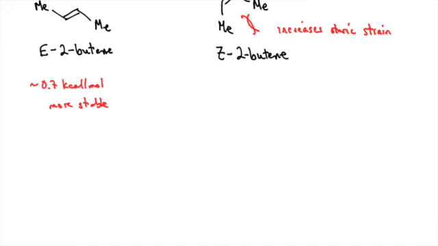It drives up the energy of that cis isomer. Another way of depicting this is if we were to draw out the hydrogen atoms of that methyl group. So let's do that. We see, just like in the case of conformational analysis, when we have the nuclei of two atoms overlapping, that gives rise to an increase in steric strain.